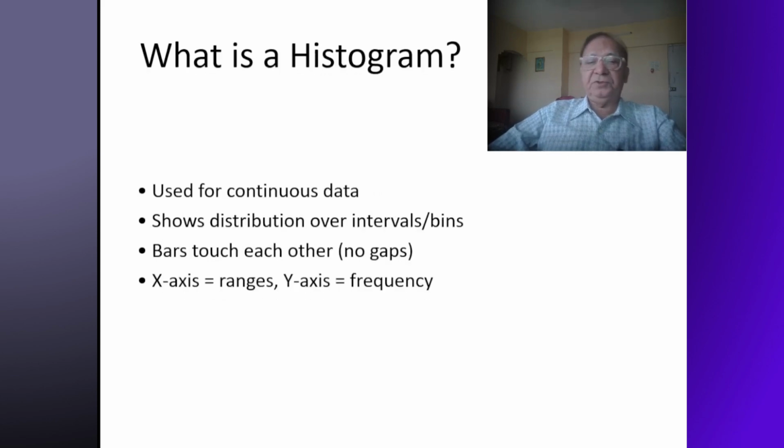But histograms, they are used for continuous data, which is maybe in the form of class intervals. They show distribution over intervals, bins. Bars touch each other, there is no gap. So x-axis are the ranges, as I have already explained, 40 to 50, 50 to 60, 60 to 70, and y-axis has got the frequencies.